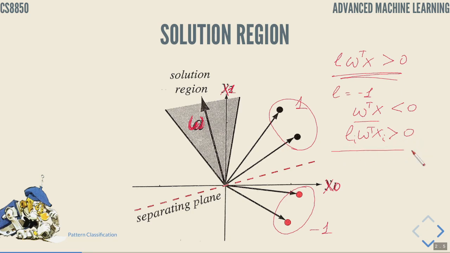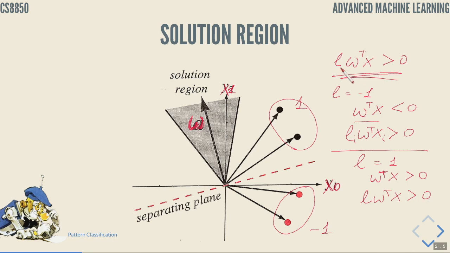But the same is true for a positive label: W times X for correct classification should be greater than 0, but that means that label times W transpose X should be greater than 0.